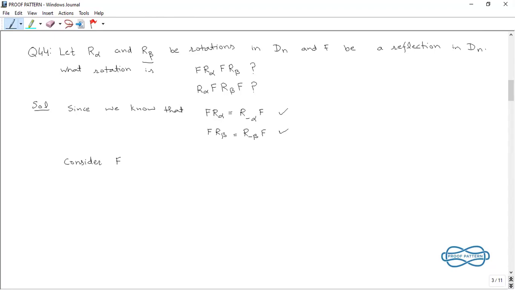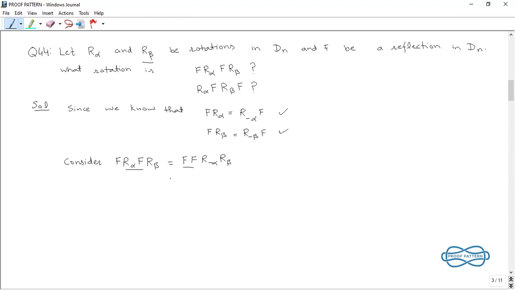F R alpha F R beta, and that can be written as, when we apply the identity on this one, we get F F R minus alpha R beta. Okay.